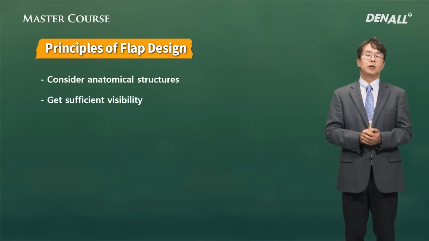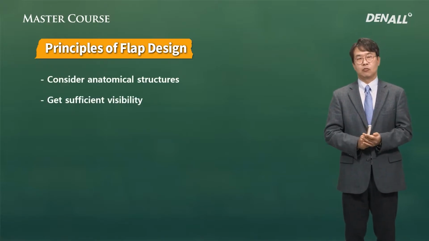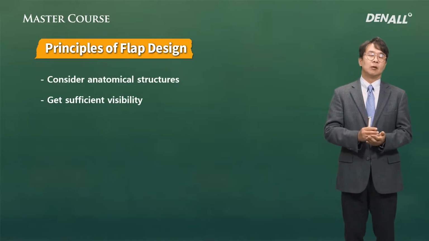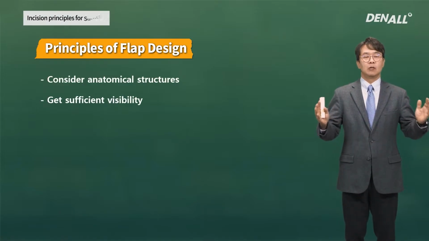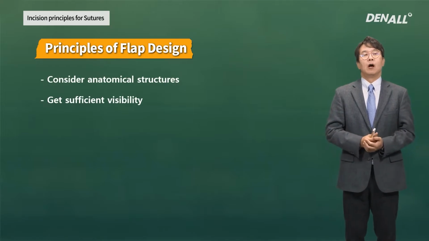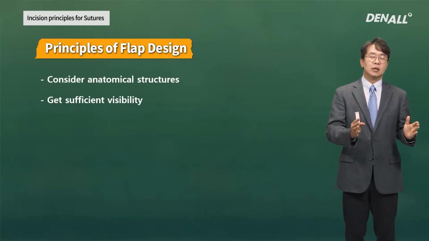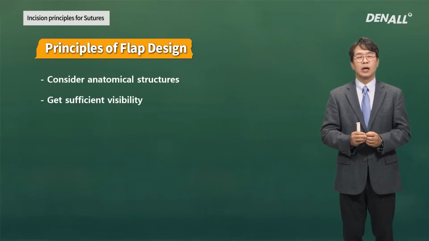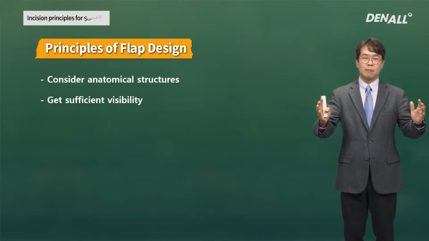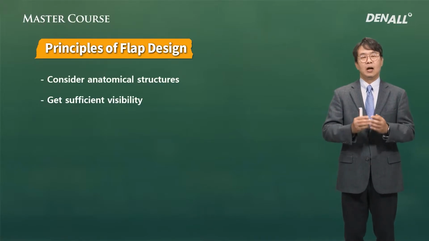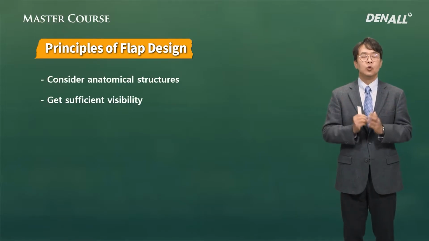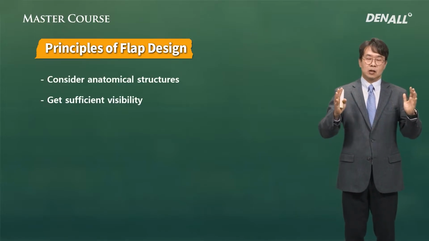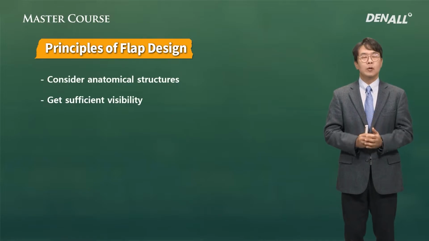That's the first thing. Secondly, sufficient visibility is important. So the design should be made so that we can fully view the site. A wide flap design is good. If the flap is narrow, it can be helpful.